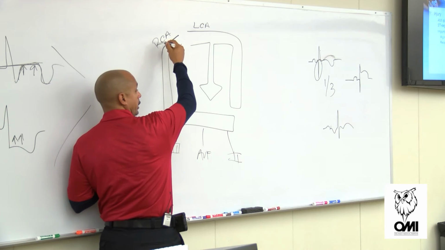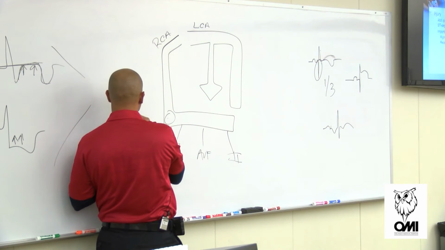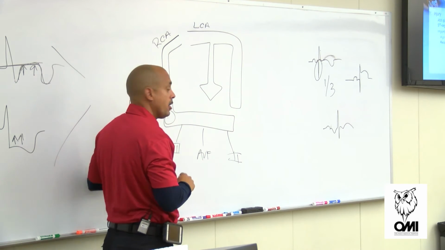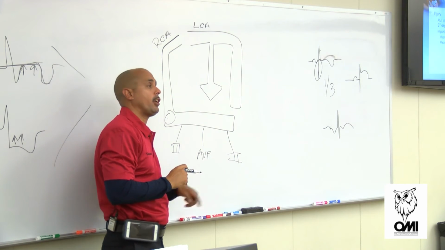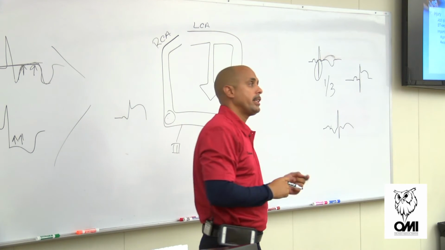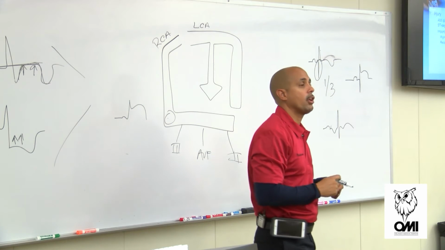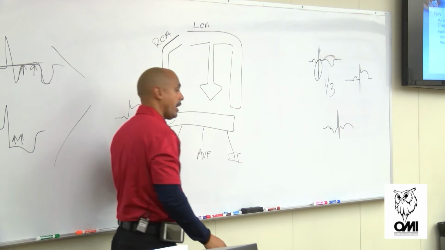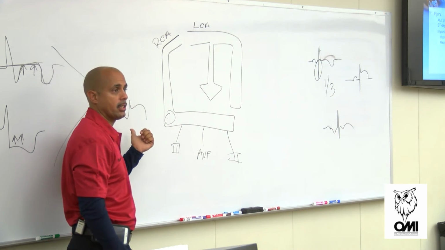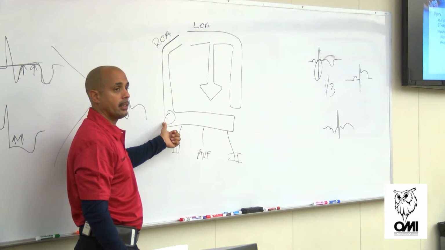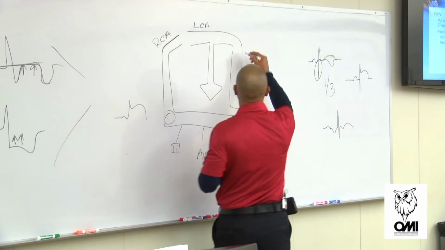So this is what artery? Right. What am I going to have here? Elevation. So what I have here, I should see on the opposite side, the opposite deflection, to call it reciprocal. Elevation. What's the opposite of elevation? What's the opposite of right? Left.